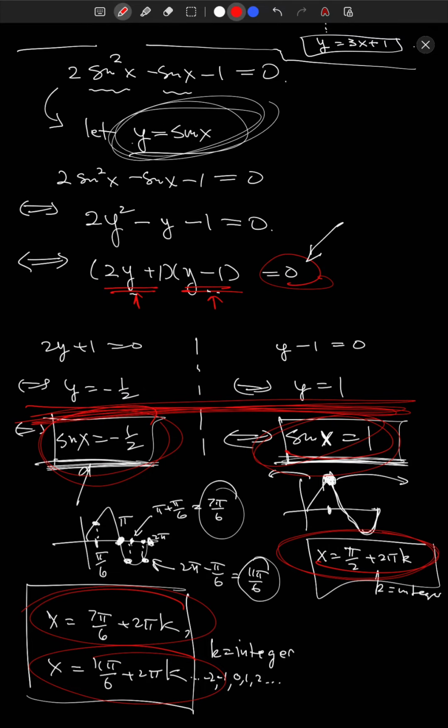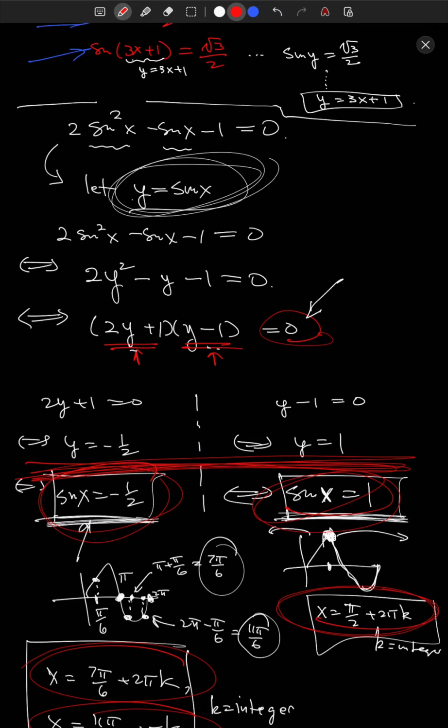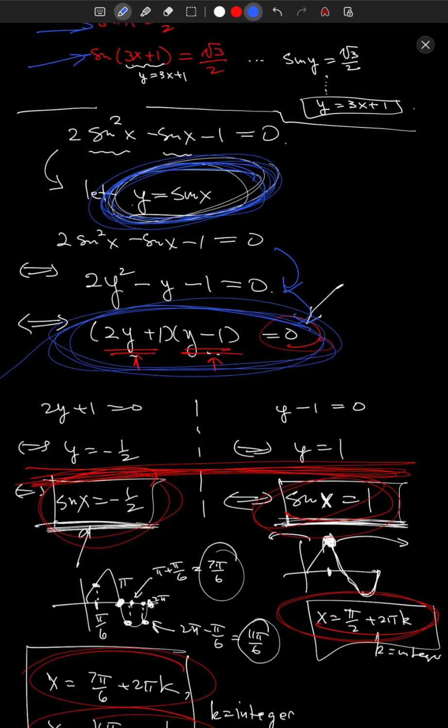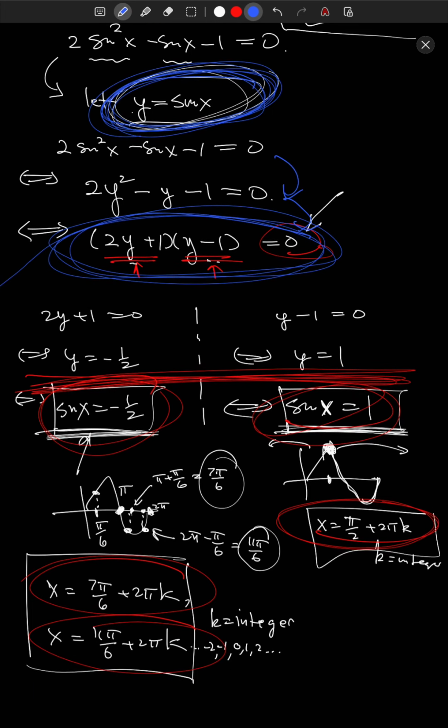So the core of this problem, or the new feature of this problem, was going from doing this, let y equal sine x, and then having to do this factoring right there. All right. So what I'm going to focus on in this video is factoring, right?